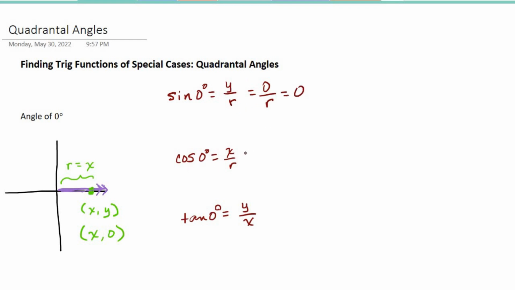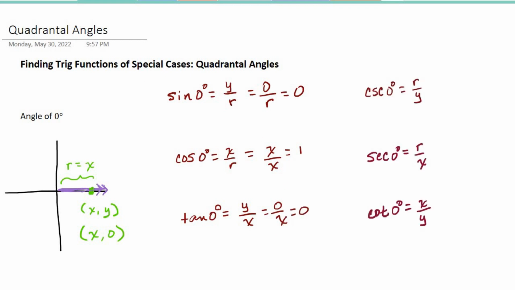X over r, I'm going to say that is x over x, because remember x is equal to r. So x divided by x is 1, and y over x is going to be 0 over x, which is 0.